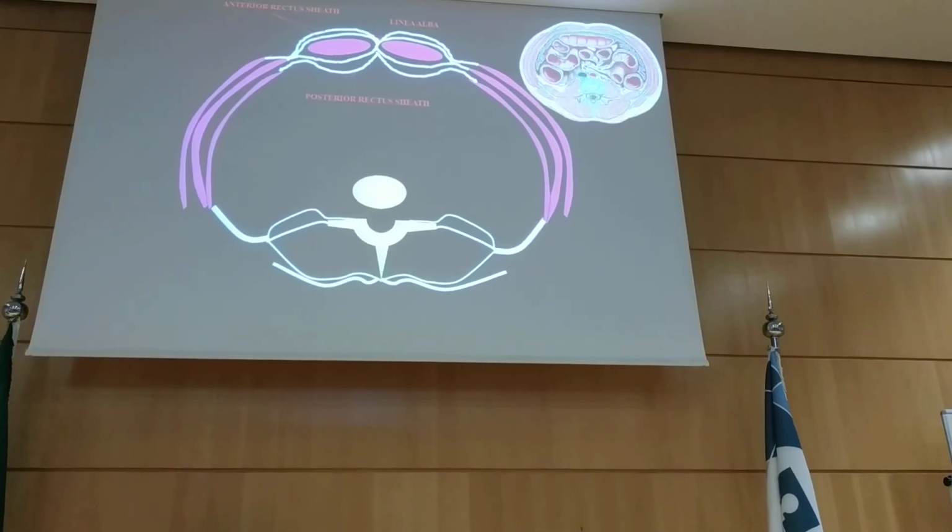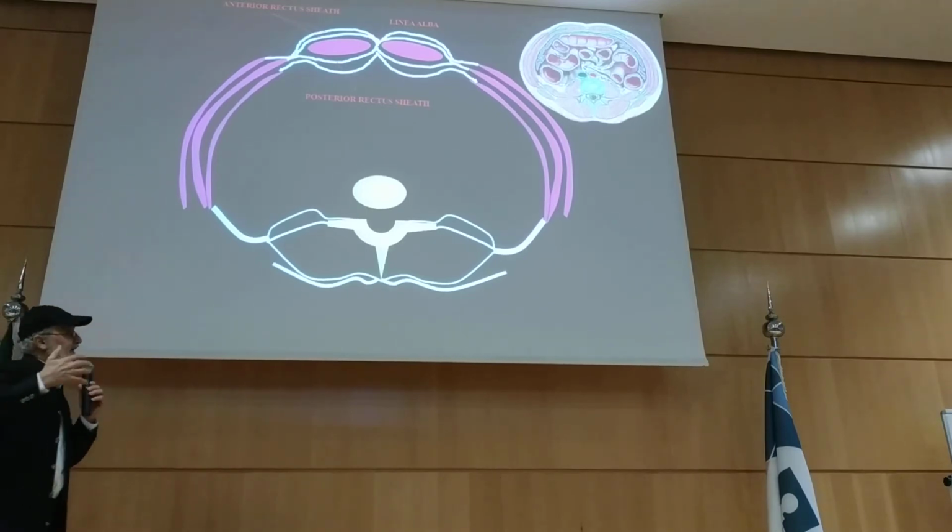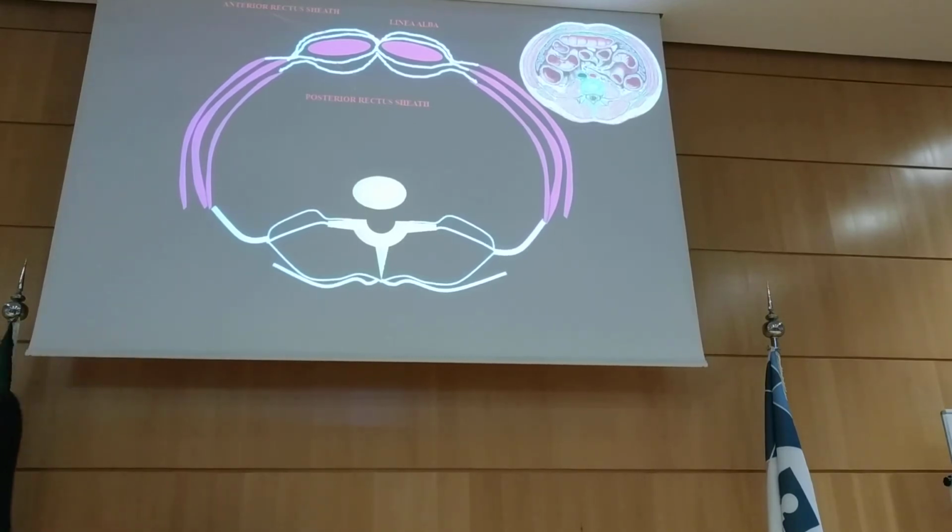The anterior rectus sheath: anterior lamella of internal oblique, plus aponeurosis of external oblique. The posterior rectus sheath or posterior lamella of rectus sheath is formed by posterior lamella of internal oblique and aponeurosis of transversus abdominis.